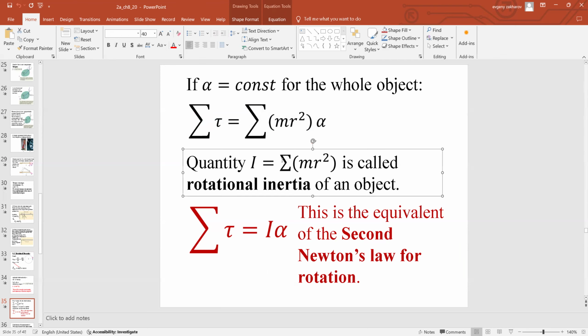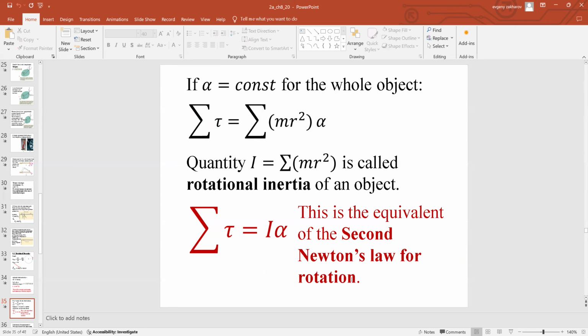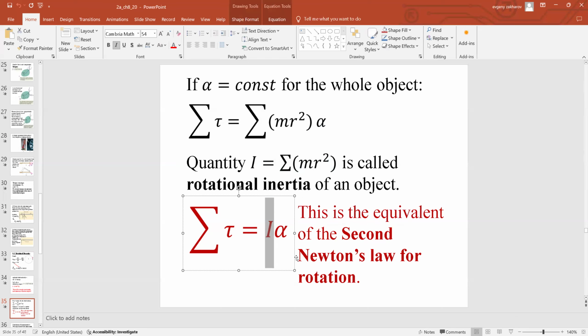And the coefficient that represents the mr squared, the sum of all the mr squared that make up the object, is called rotational inertia. Sometimes you'll hear moment of inertia, so rotational inertia, moment of inertia. Either way, this capital I is your coefficient for the second Newton's law, and that replaces the mass. It was just mass for the particle model.